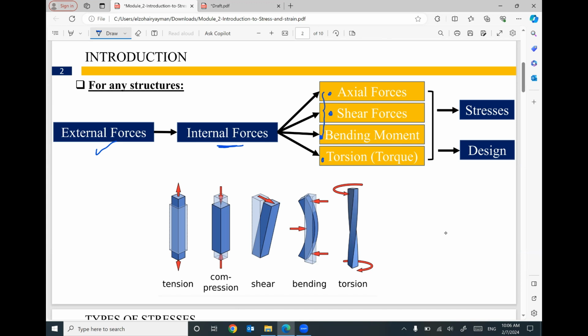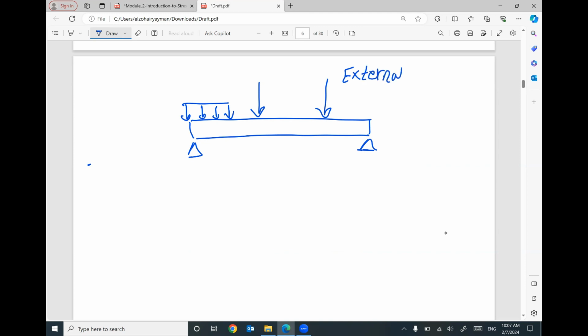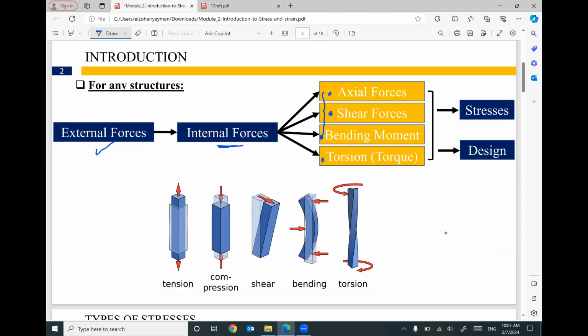So if we have a beam supported by two supports, and we have external forces in terms of distributed load and concentrated forces, these forces are called external forces. These external forces will create internal forces.